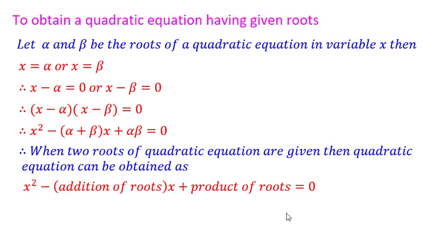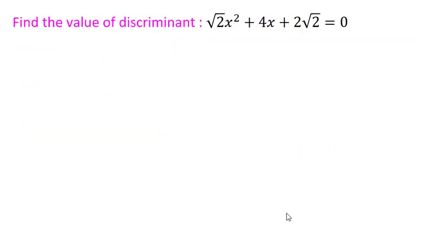And secondly, we understood that when roots, that is alpha and beta, are given, then the equation can be found as x square minus alpha plus beta x plus alpha beta equal to 0. In other words, x square minus sum of roots into x plus product of roots equal to 0. Now let us see some problems.